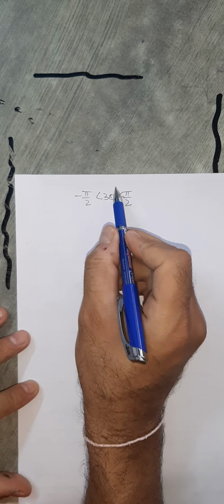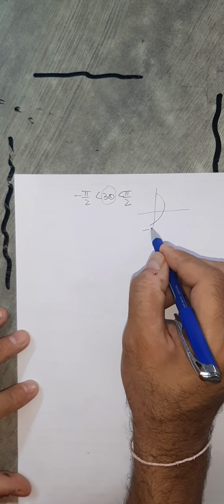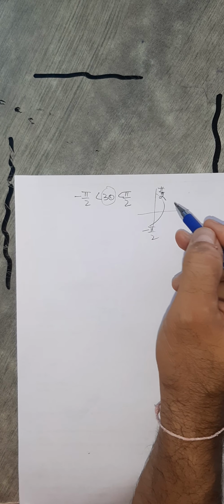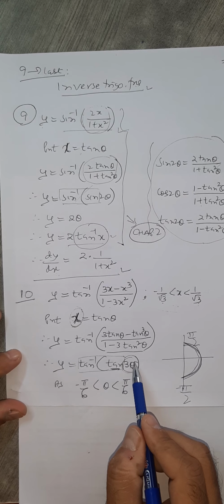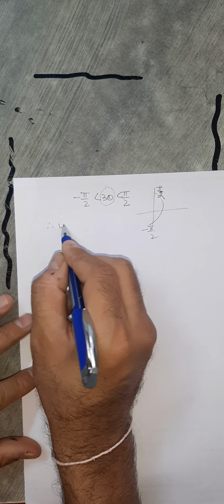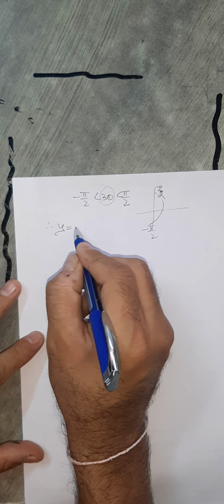So now you see this angle is in the domain of tan function, minus pi by 2 to pi by 2. Now you have shown that this angle is in the appropriate domain, and therefore you can cancel these two. Finally you are getting y equals 3 theta.